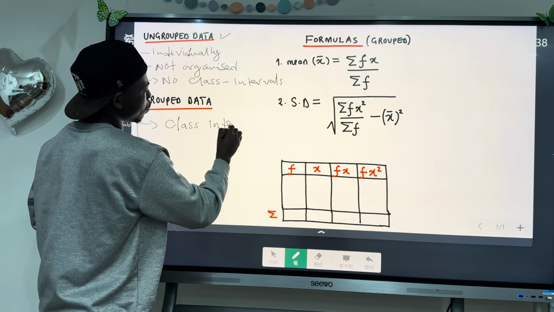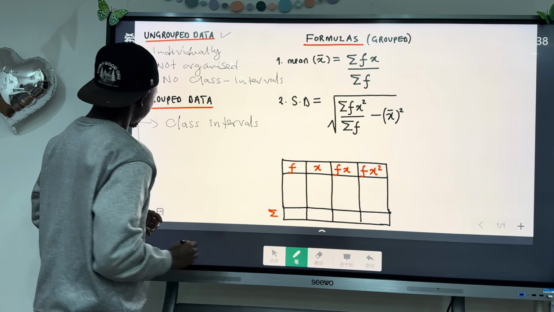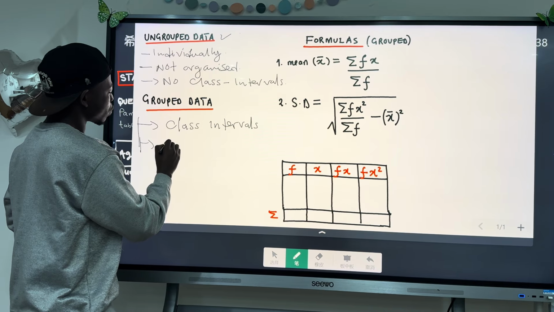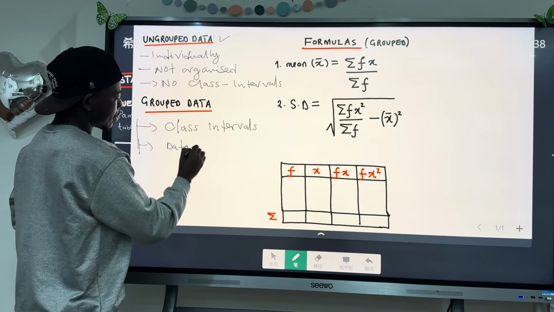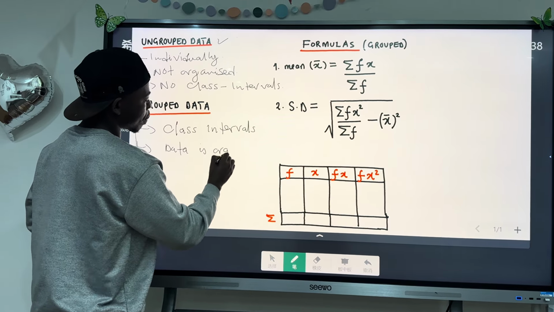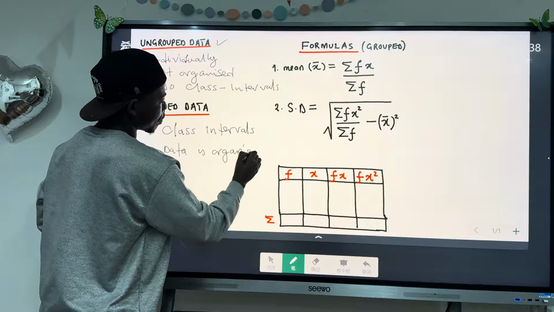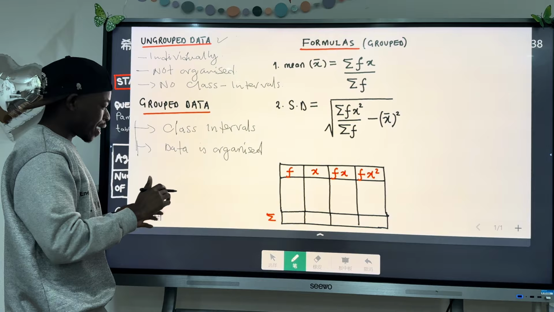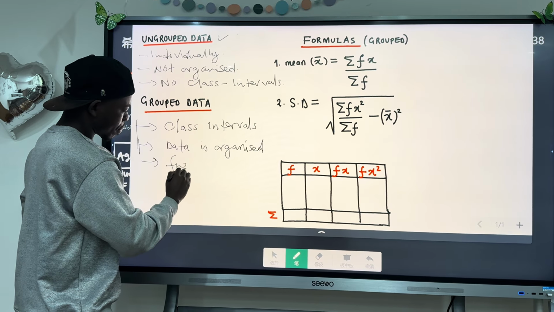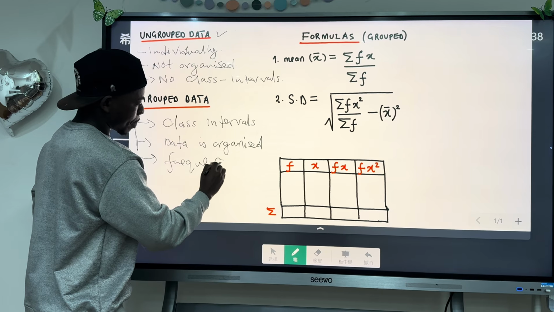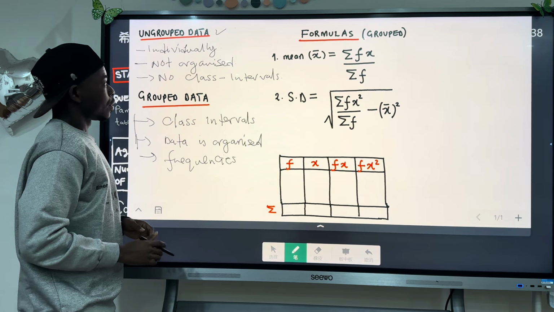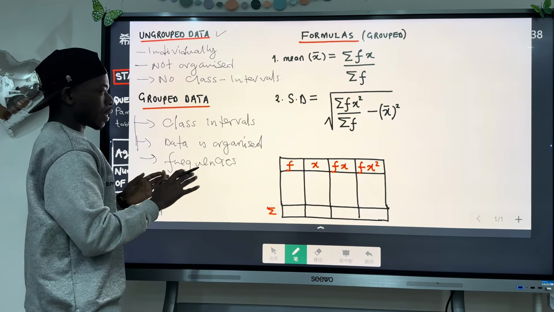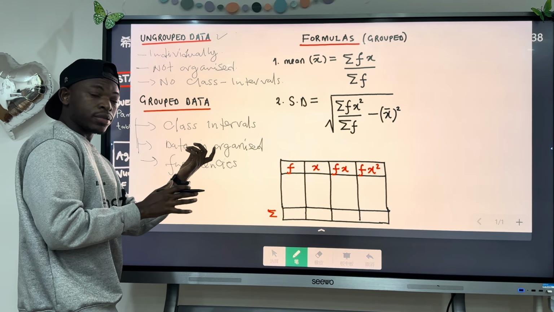So there are class intervals. Data is organized and we have frequencies. So data is classified. We have class intervals.